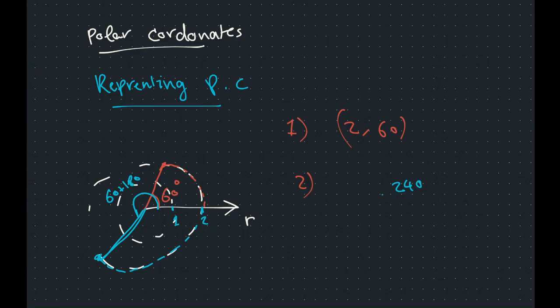So let's write it here, 240. But in this case, we will not write 2, but we'll write negative 2. Because what the negative does is just move this part here to the other side. This is what the negative does. So the angle is different and the sign is also different. This is another representation of the same point.